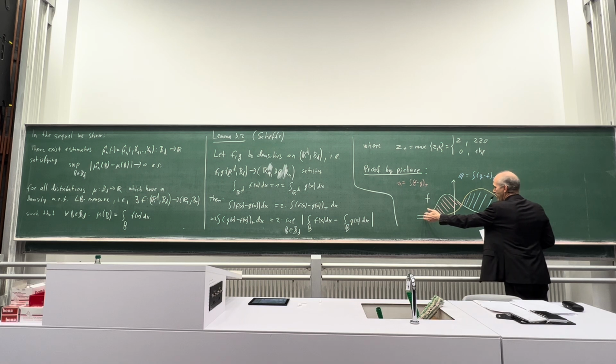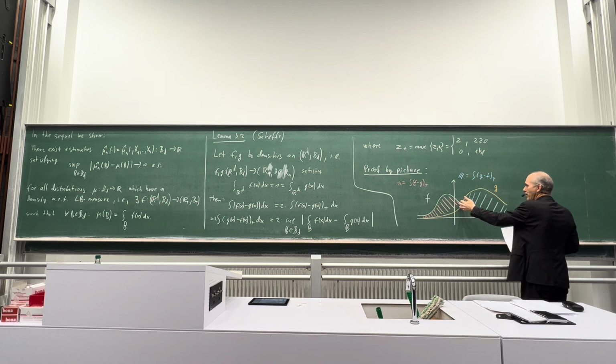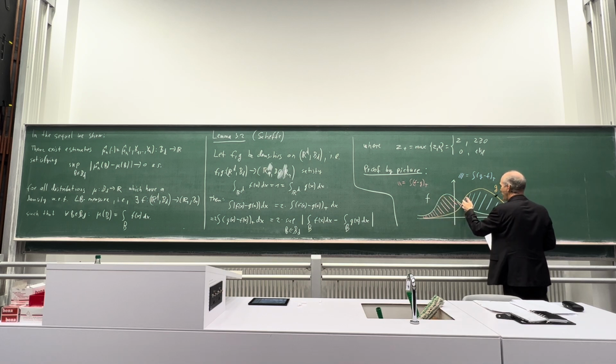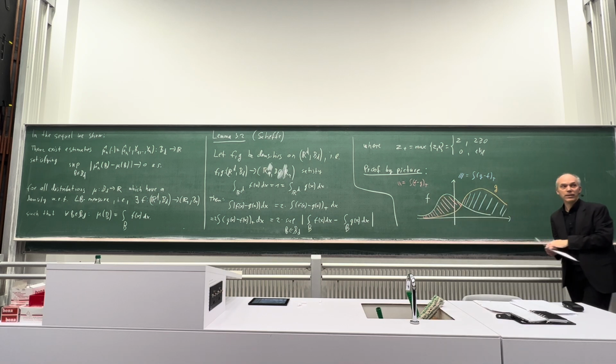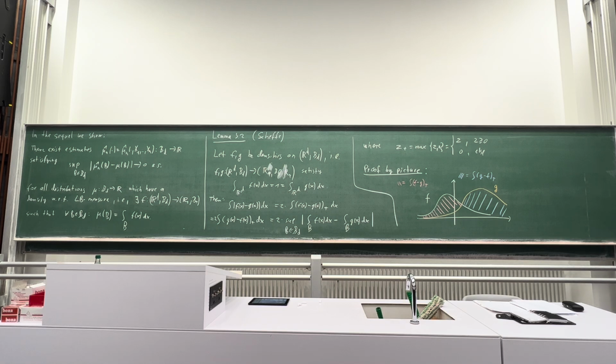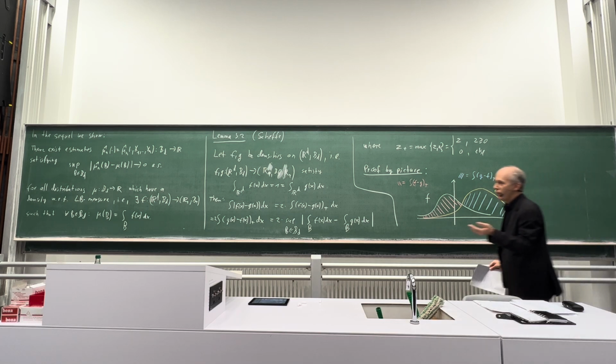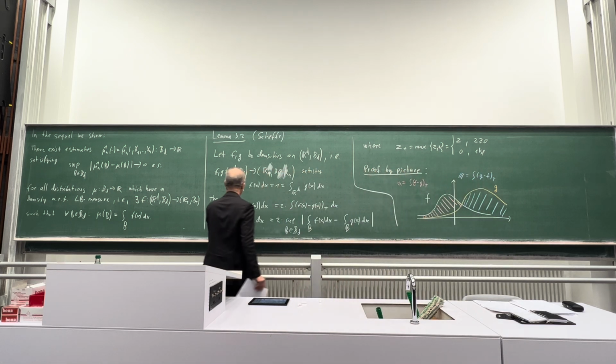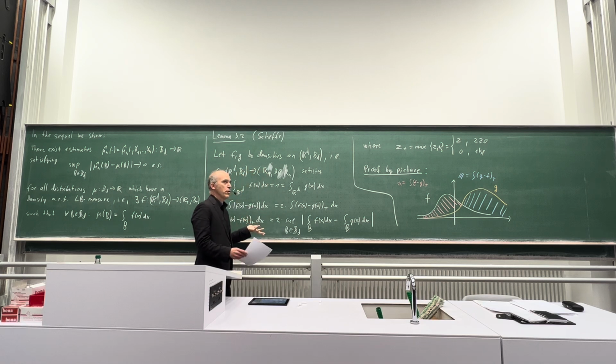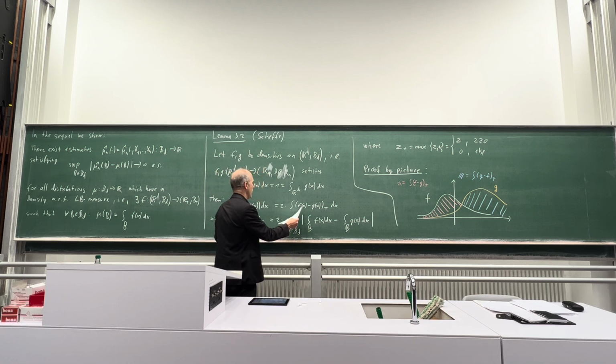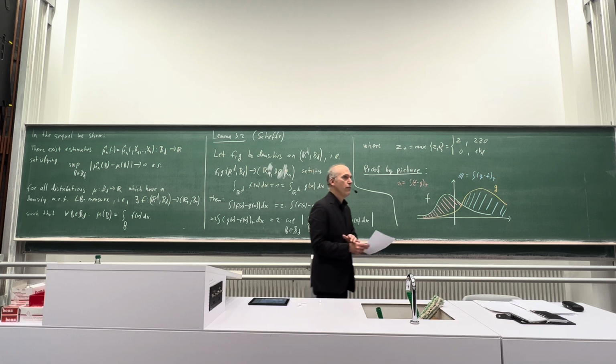Because in this area, the absolute value of f of x minus g of x is just f minus g plus, and in this area, it's just g minus f plus. And now, from this one, you immediately see that this one is equal to this plus this, without the factor 2. And if we show now that the two are equal, then we have the first two equations.